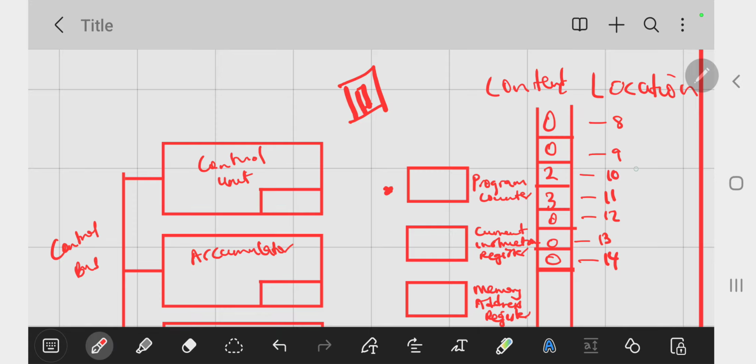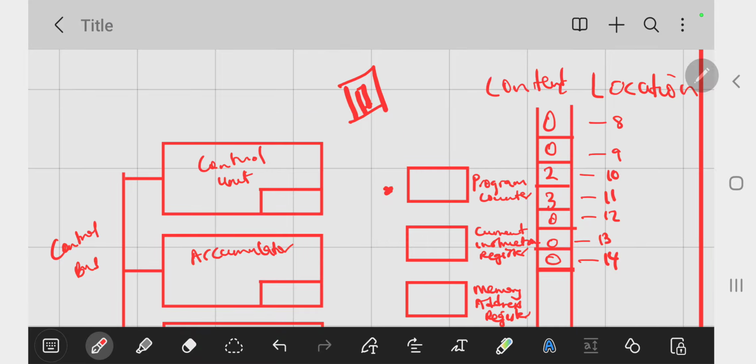You stay in room 10. That's your location. I don't know if that makes sense, but this is what we mean: the content and where it is found, the location. If we're using numbers to address memory locations, it is called direct addressing. So this is the memory location and this is the content, 0 0 0.